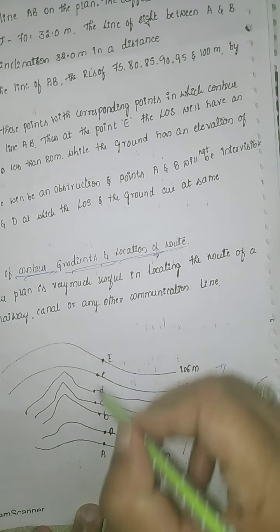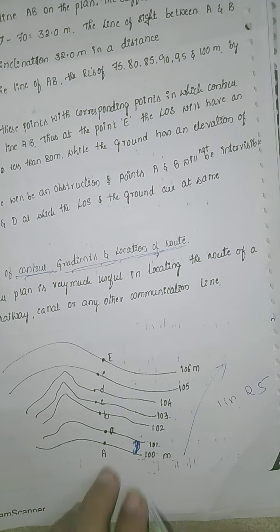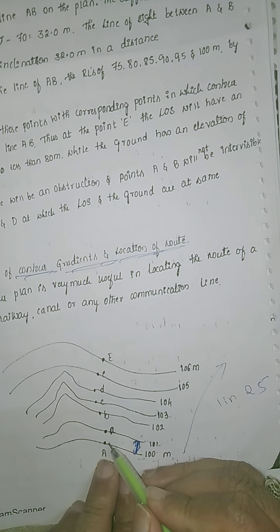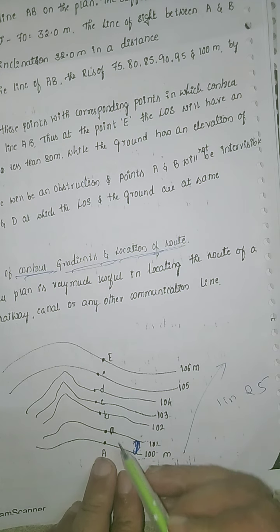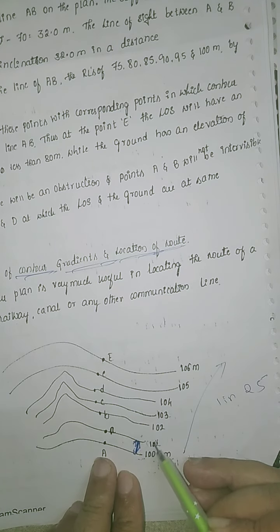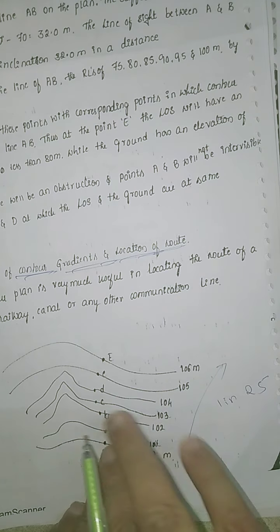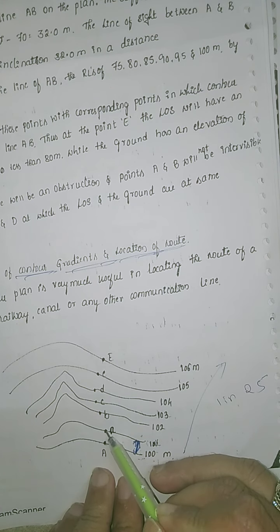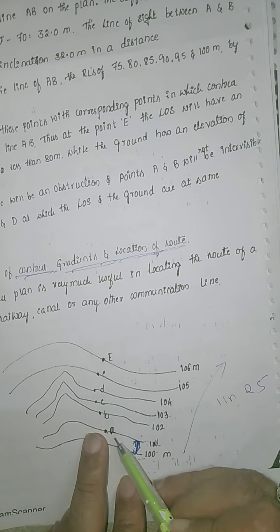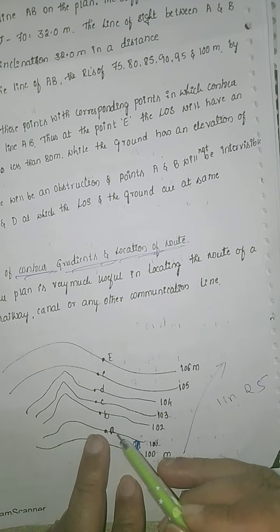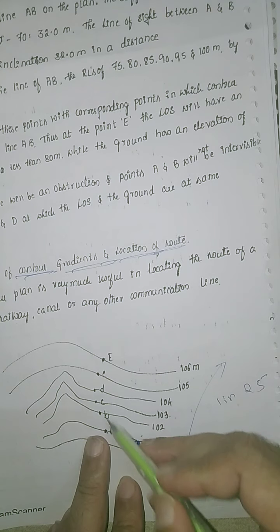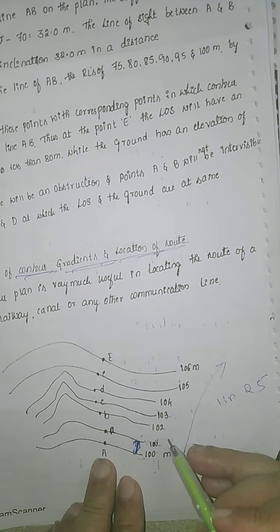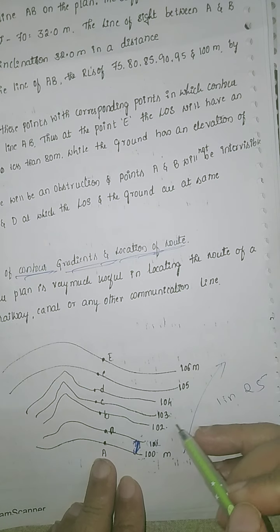If we want to have the highway over here or locate any of the canals, with A as a center and a radius representing 25 meter, draw an arc to cut the line of RL 101. Then similarly, from that point keep 25 meter again and cut an arc on 102. Again 2 to 3, 25 meter, 3 to 4, 25 meter.